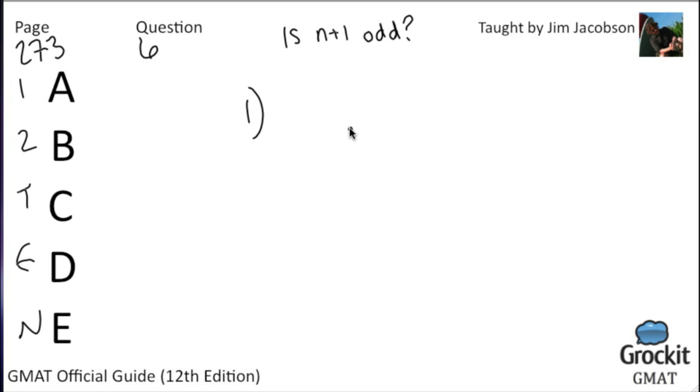So statement 1 tells us that n plus 2 is even. So let's put up a chart here. I'm just going to peek ahead, I can see that statement 2 tells us that n minus 1 is odd. So let's just make our chart n minus 1, n plus 1, and n plus 2.